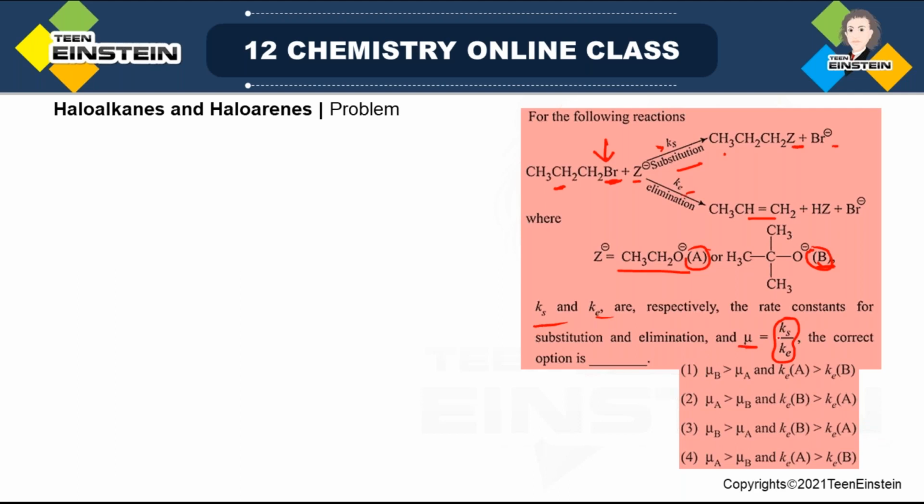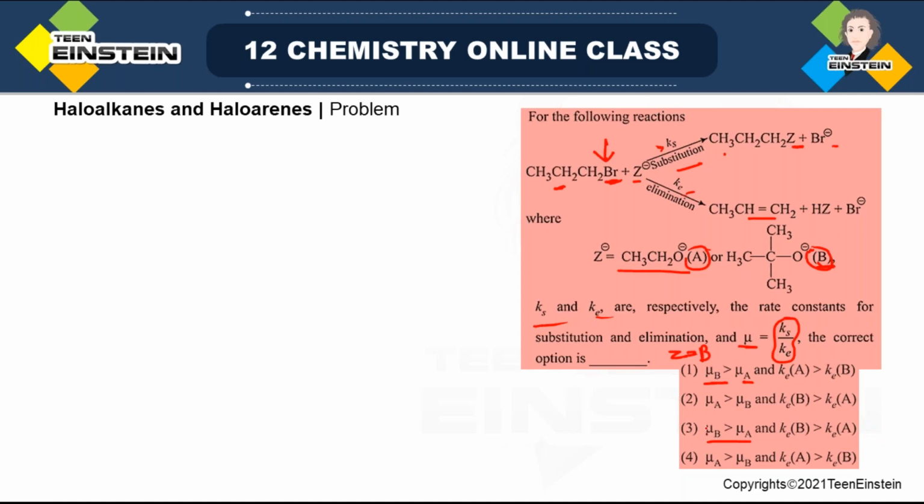Based on all this information, we have some options. In options 1, 2, 3, 4, it is saying that mu B is greater than mu A. That means when it is mu B, the reagent you are using is Z equal to B, that is, when the base Z is tertiary butoxide, this ratio will be denoted as mu B, and when it is A, it is mu A. Now mu B may be greater than mu A. This is one possibility that you can also find in option 3.